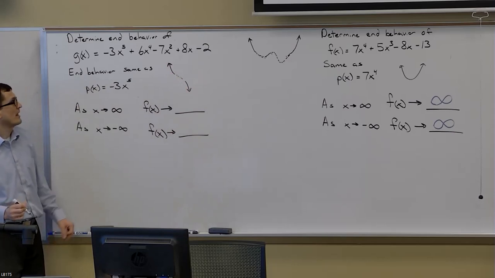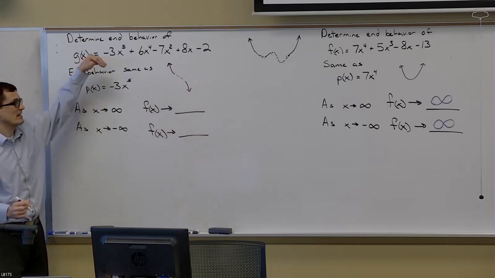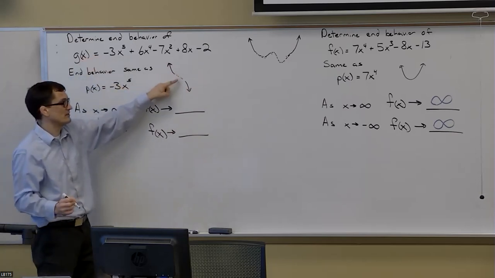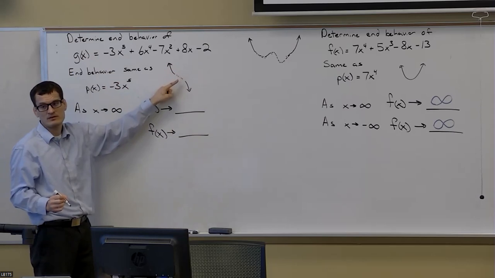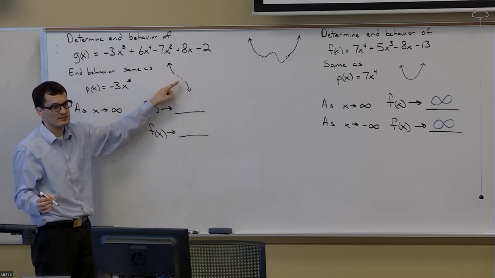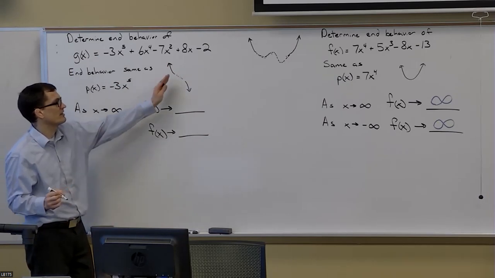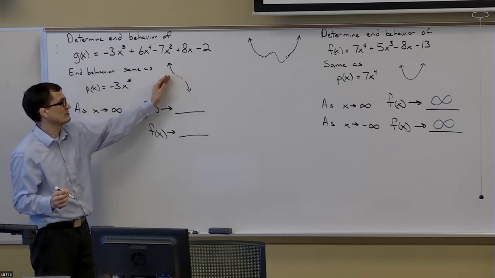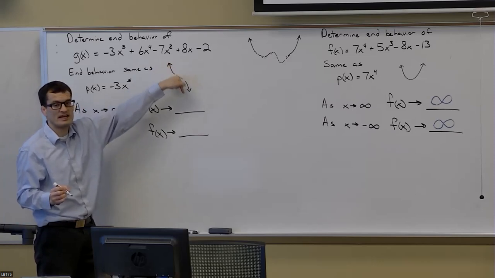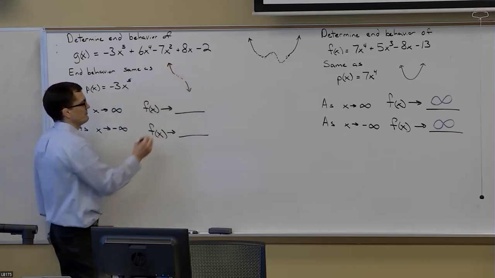Again, my g of x is not necessarily going to look like that. It's going to have some weird stuff in the middle here. Who knows? But the end behavior, as we move to the right, we're going down towards negative infinity.